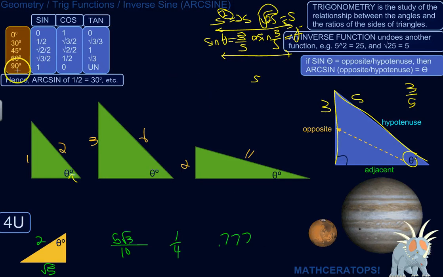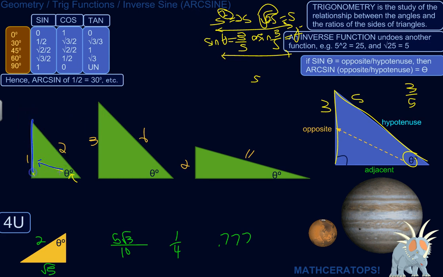Okay. So I want to figure out what this angle is, theta. Well, I know that the sine of theta is the ratio of the side opposite to it, the one that's across. Let me switch colors. Hopefully you can see that a little better.